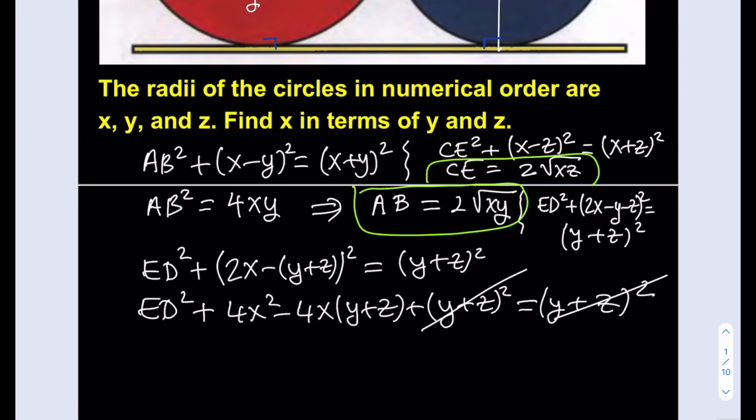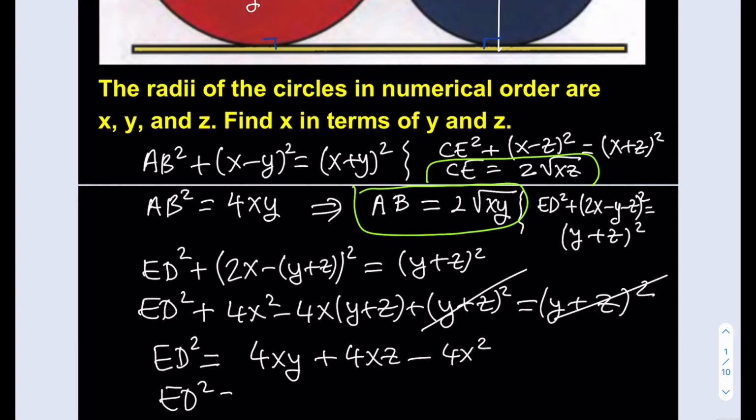So ED squared is going to equal 4xy plus 4xz, of course, minus 4x squared. Obviously we can take out a 4x here, and that gives me y plus z minus x.